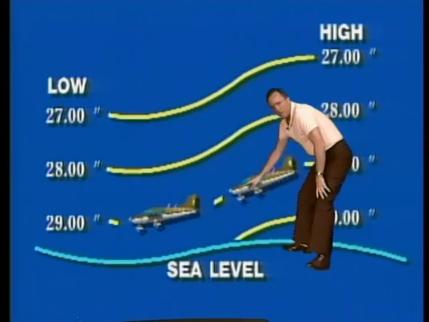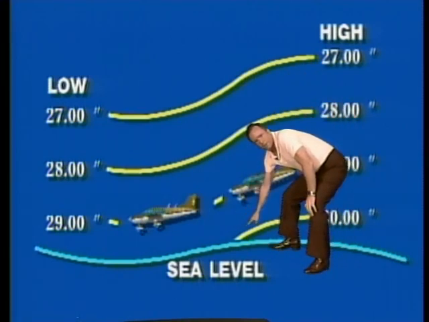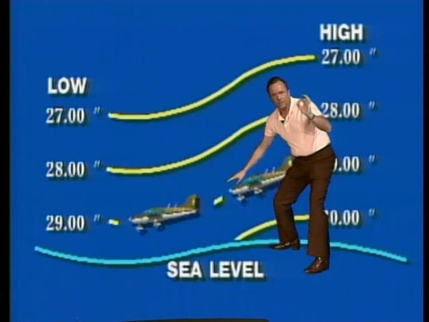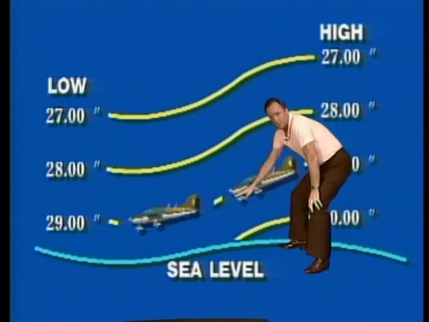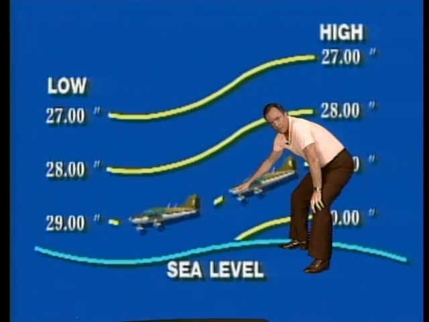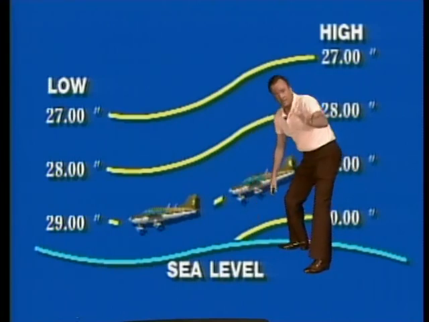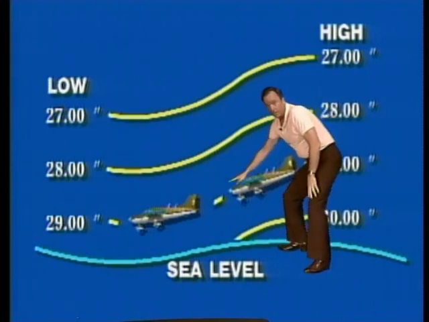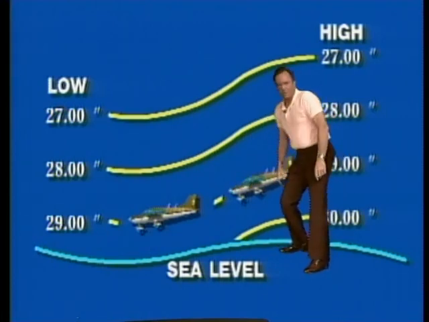So let's assume that you are here in an area of high pressure, and that means you have 30.00 at sea level. And let's assume you take off and you climb to an indicated altitude of 1,000 feet. Well, at 1,000 feet, you'd actually be flying a pressure level of 29.00 because you got 30.00 set in the little setting window of the altimeter, and you're flying at an indicated altitude of 1,000 feet. You're really at the pressure level of 29.00.